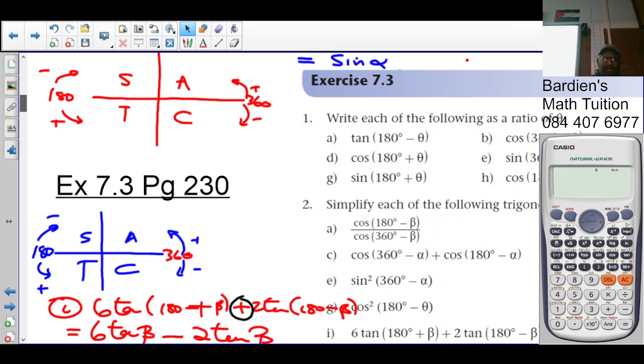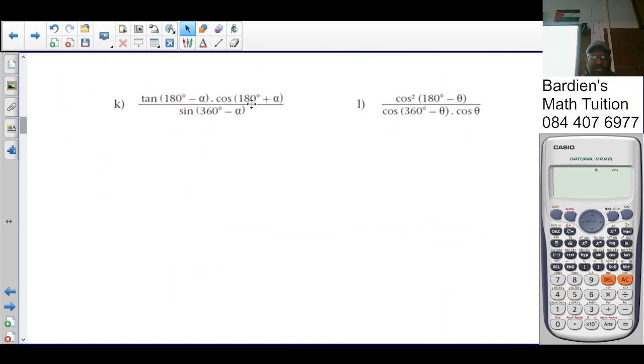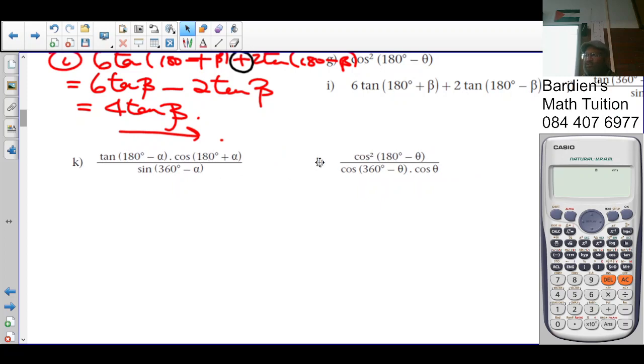So now we're going to look at further reduction formulae, the function values of 90 plus and minus theta. So this is K and L is fine, eh? No issues there.